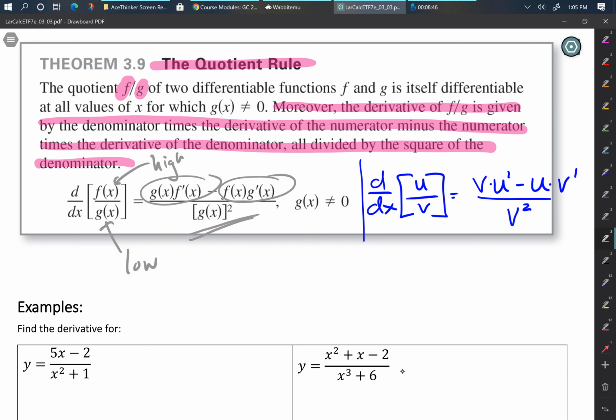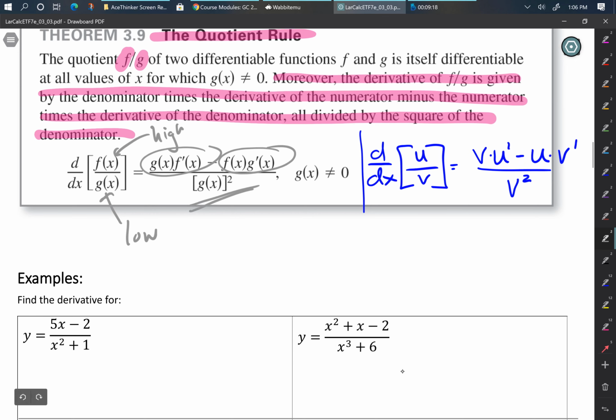Low d high minus high d low over the square of what's below. vu prime minus uv prime over v squared. Or gf prime minus fg prime over g squared. Memorize it however you want to memorize it, but find a way to memorize it. Okay? This is the single most commonly missed derivative rule that we have, the quotient rule. I cannot stress how important it is to memorize it.